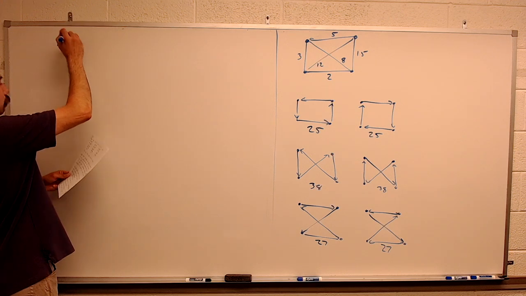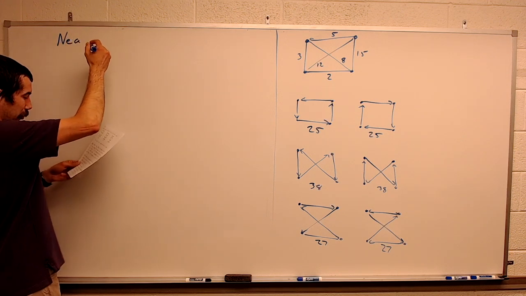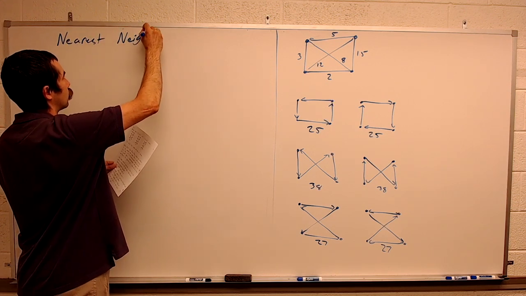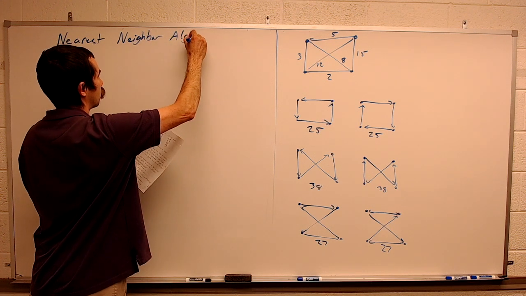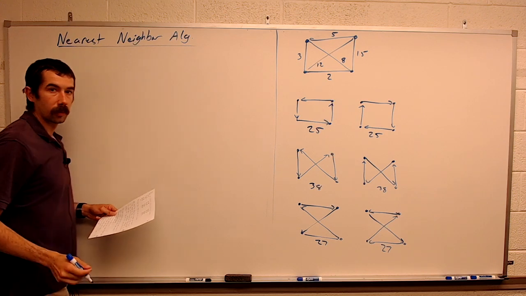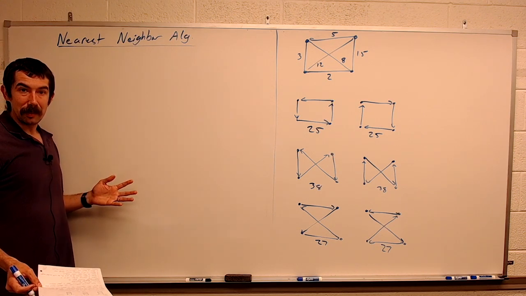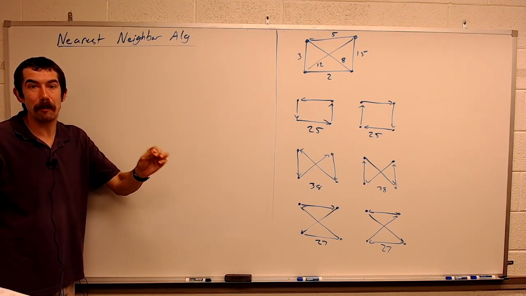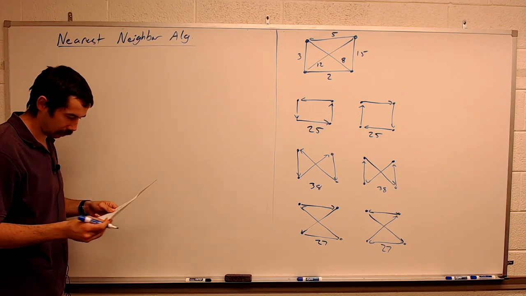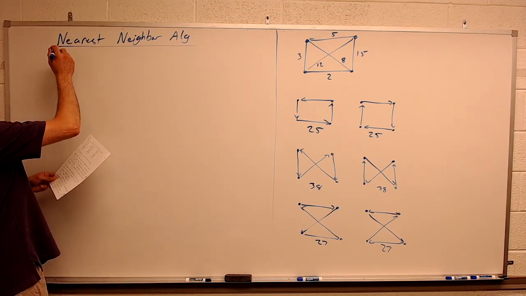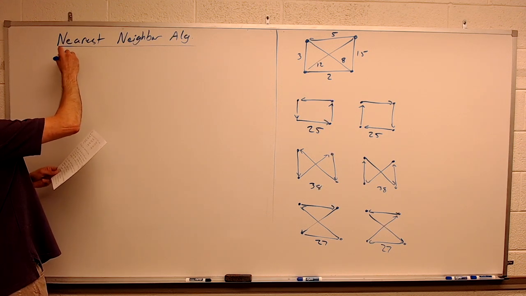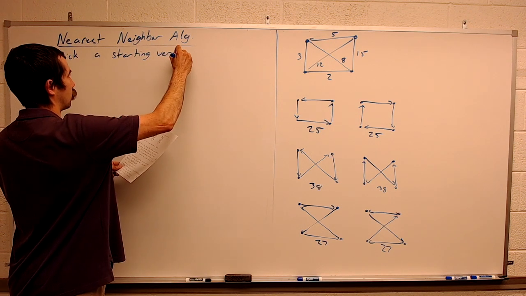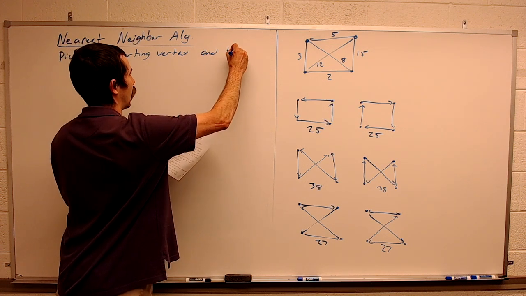All right, so the first kind of practical algorithm we're going to look at is the nearest neighbor algorithm. The nearest neighbor algorithm is we're at a vertex and we're going to travel to the nearest neighbor, provided that we don't close off the cycle too early. So pick a starting vertex and travel to nearest neighbor.